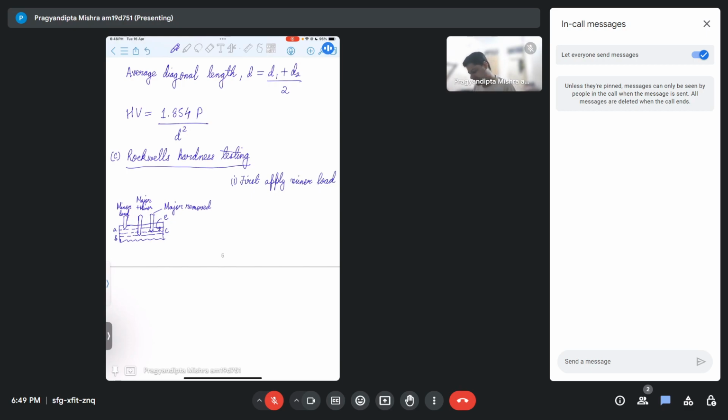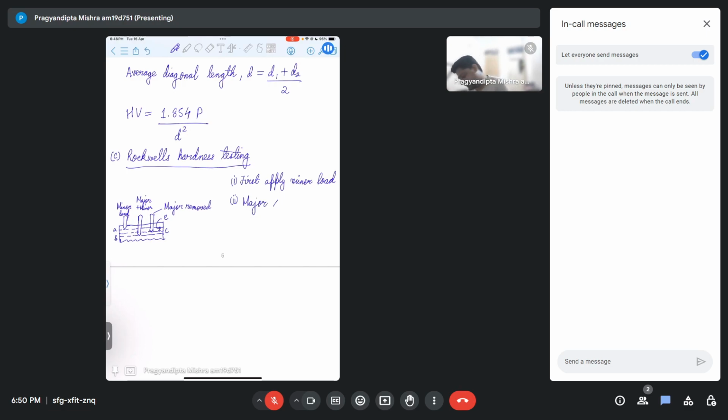So what is the formula here? This is a little bit different compared to the previous two tests, and here we have two different types of values depending on whether we are using a conical indenter or a steel ball as an indenter. If we are using a conical indenter, our hardness value would be equal to 100 minus E divided by 0.002.